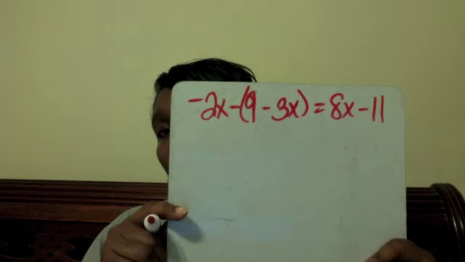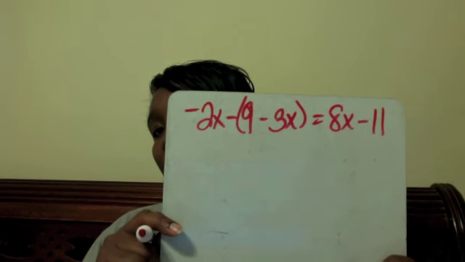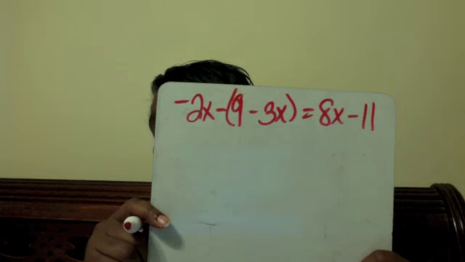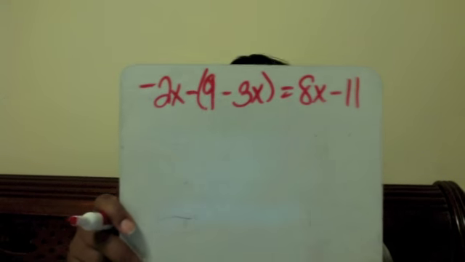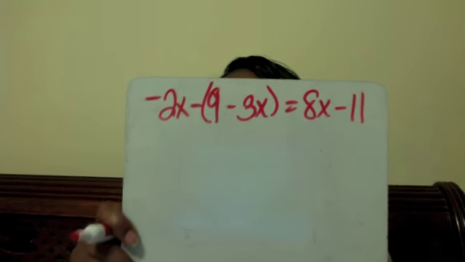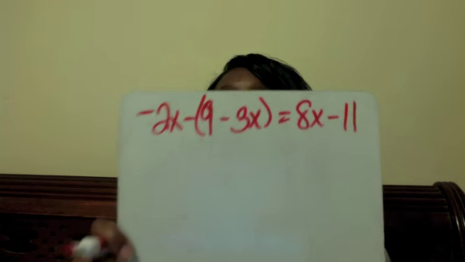Again, we are combining some of the skills that we've already learned. Okay, so here we have parentheses again, and in front of the parentheses is a negative sign, which represents a negative 1. We still have to use the distributive property.